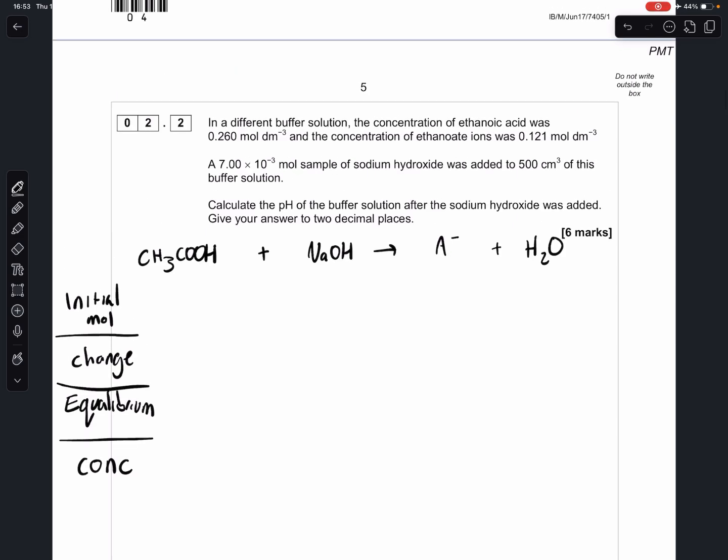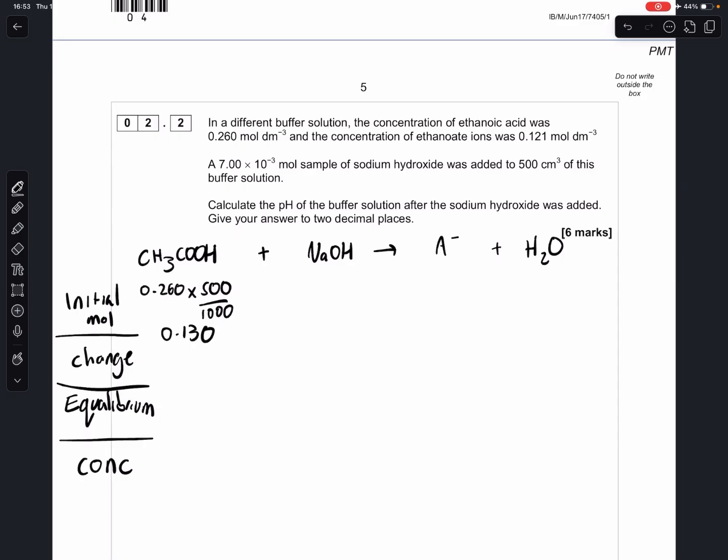So our initial moles of ethanoic acid, it says we have 0.260 moles per decimeter cubed, that's concentration. So we want to find moles, so that's going to be 0.260 times our volume, which is 500, but we need that in decimeter cubed, so we're going to divide it by 1,000. That will give us our moles of ethanoic acid, which is 0.130.